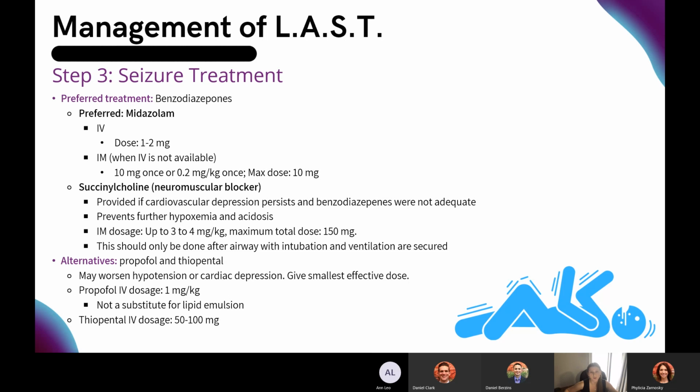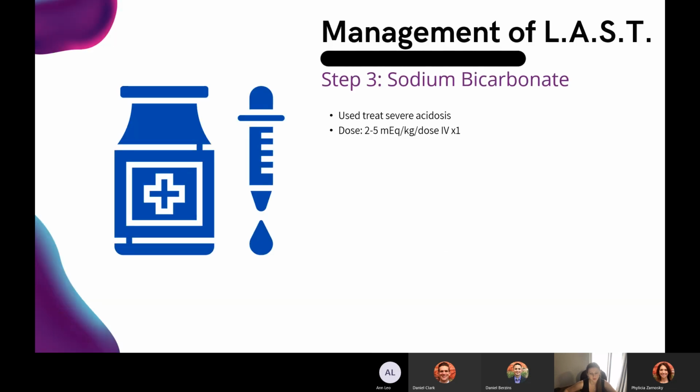So for IV propofol, the recommended dosage is 1 milligram per kilogram. And that is the lowest effective dose that has been shown to subside local anesthetic toxicity. Thiopental given IV dosage is recommended at 50 to 100 milligrams via IV.